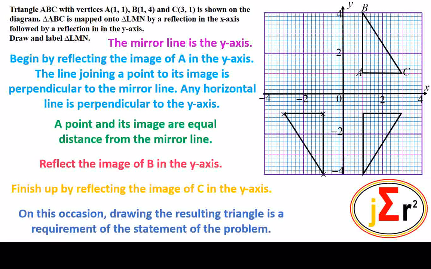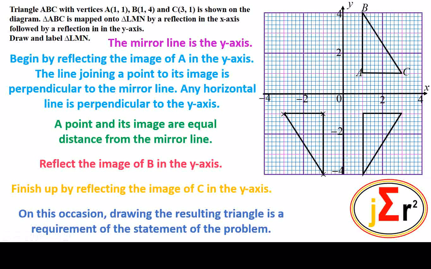Now we cannot just label the triangle LMN. We have to be certain that where we put the label will actually be the result of the transformations on the original points. So we have to be systematic about it.